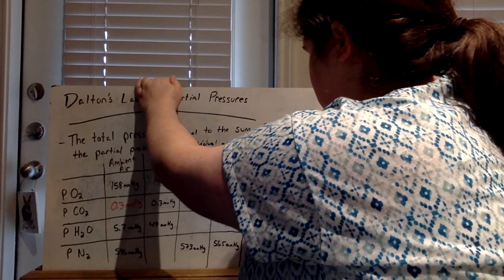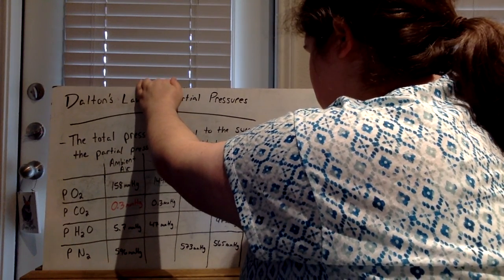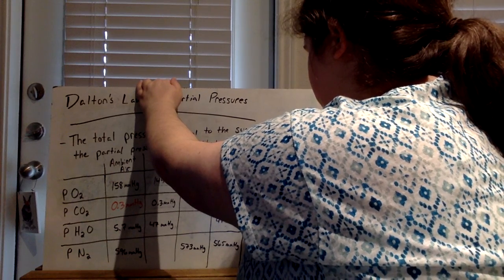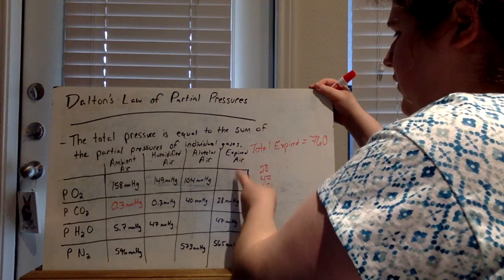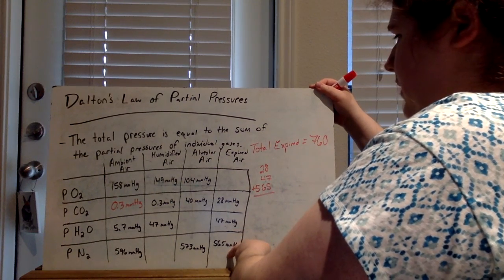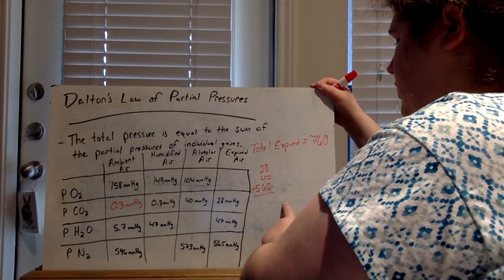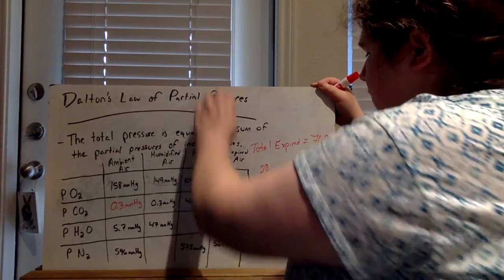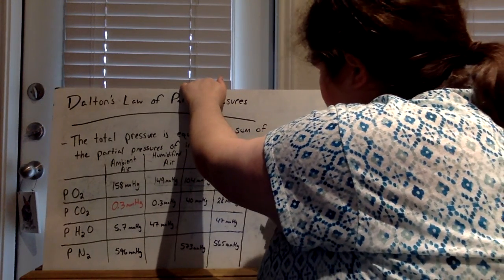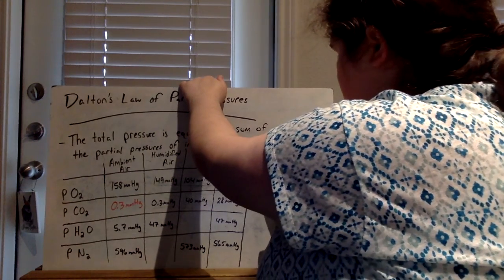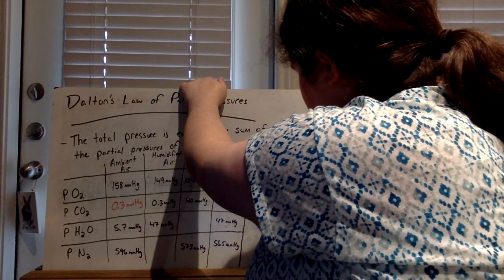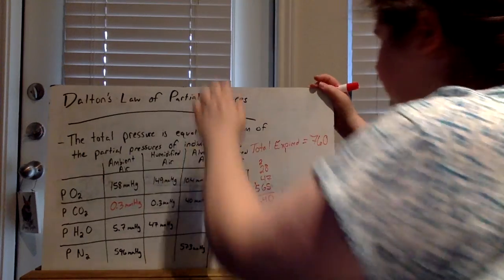So 28, 47, and 565. Okay, I'm just adding up everything that I know from that one column. These are my parts. Okay? So, 8 and 7 is 15, plus another 5 is 20. 10, 14. All right, 640.